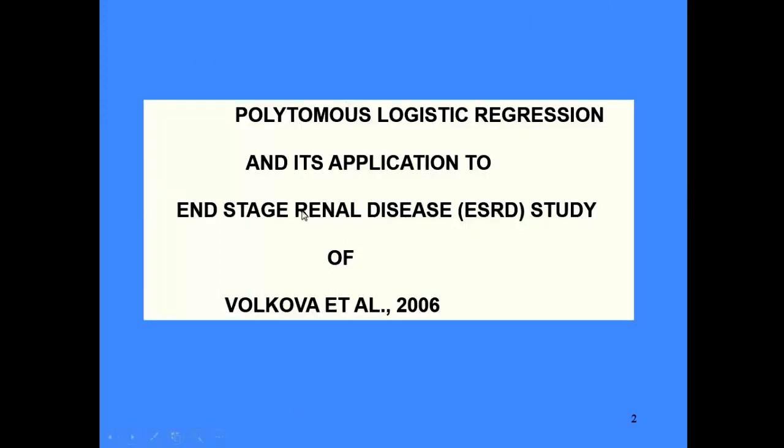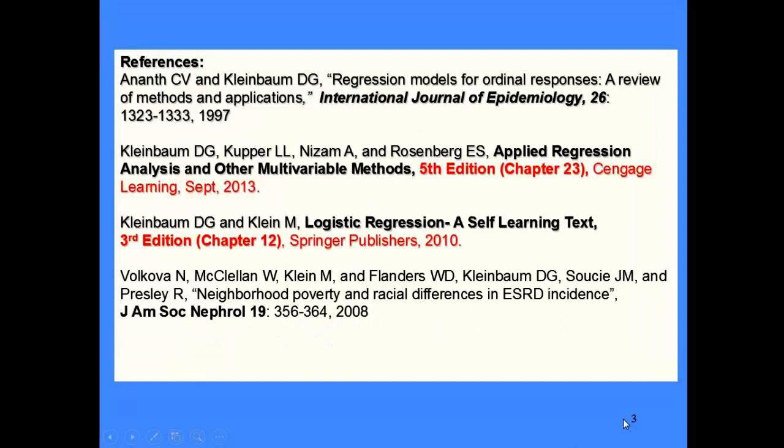So that's what I'm going to do. I'm going to talk about it in the context of an application of one of our former PhD students who did a study dealing with end-stage renal disease and did an analysis using polytomous logistic regression. So that's what we're going to do. The study is down here. In the logistic regression textbook, chapter 12, which I hope maybe you've read by now, talks about polytomous logistic regression.